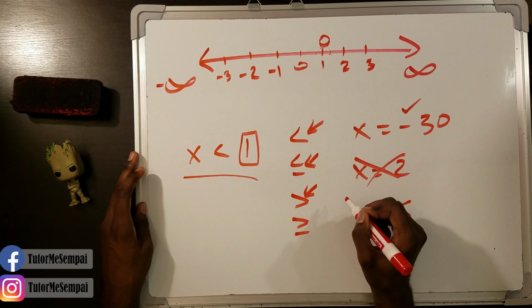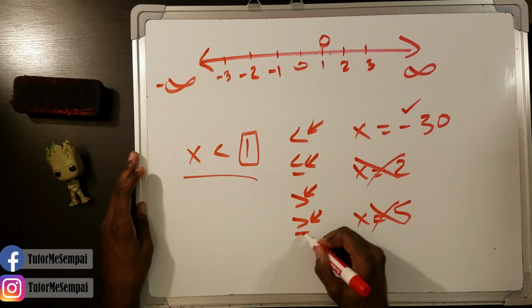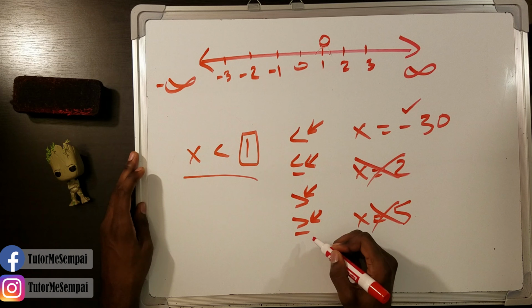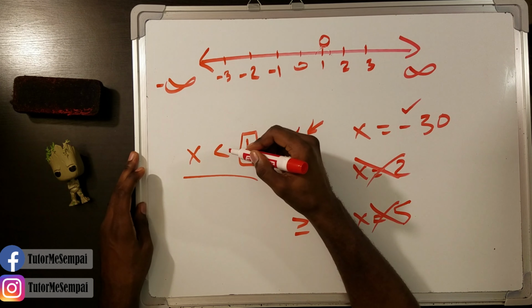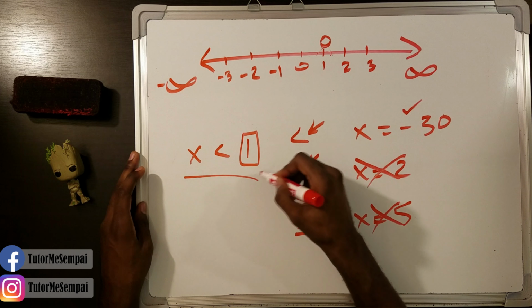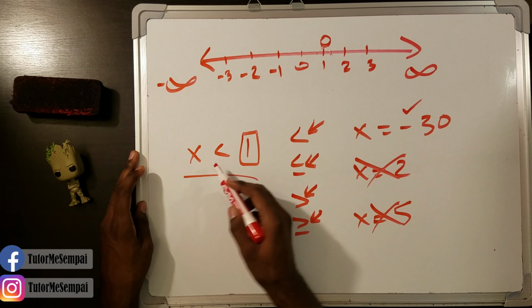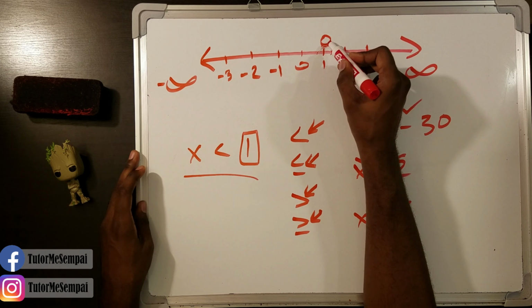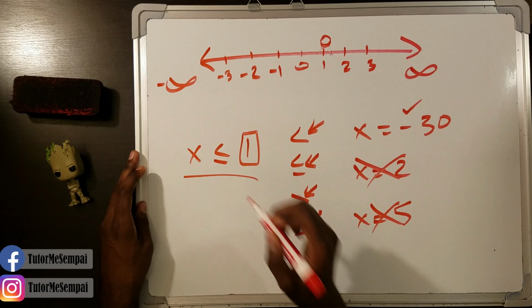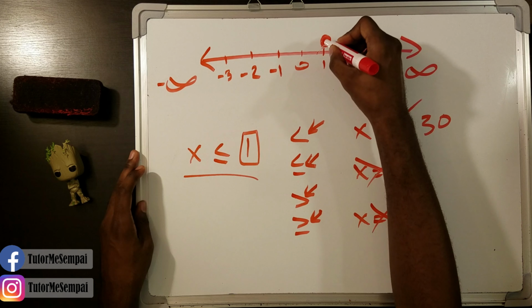Likewise, this means strictly greater, and this means you can actually equal it, greater than or equal. So whenever we're looking at these inequalities, we have to figure out, are we going to include whatever number is here? This tells me I'm not going to include it, so we don't have a filled in circle. If this was a less than or equal, then I would simply fill this in.